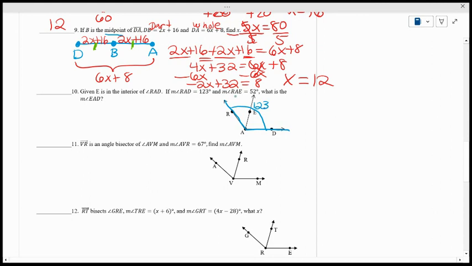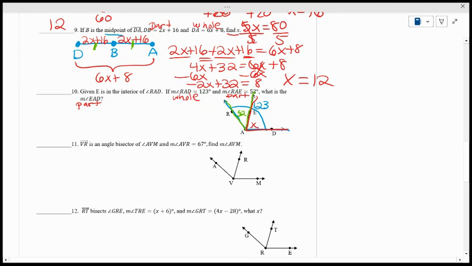And the measure of RAE is 52. So this is 52. What is the measure of EAD? Again, they gave us the whole. That was the whole angle. This was a part. They're asking us to find the other part.